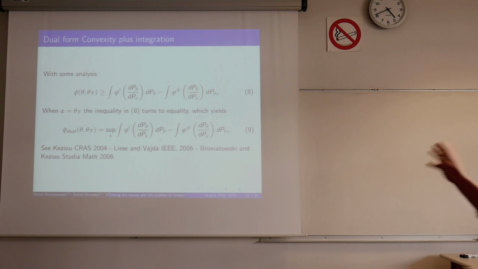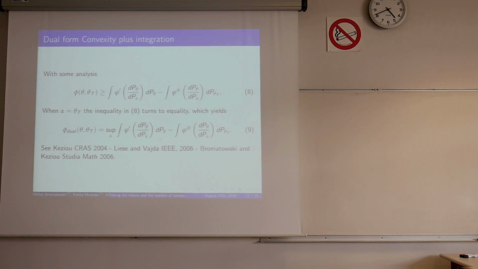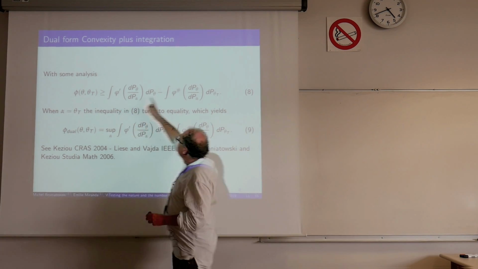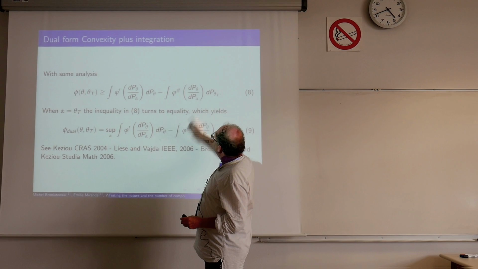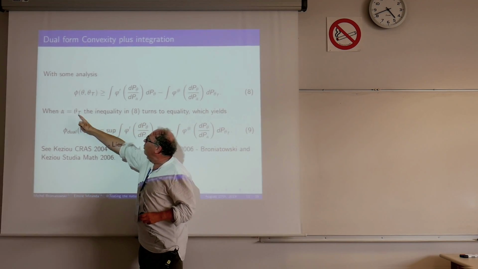I take some analysis. There will be some condition. One condition will come after. You assume some integrability condition in such a way that I'm able to split the integral in two parts. And I see that this is always larger than that, but I see that in this we have equality when alpha is equal to theta t.